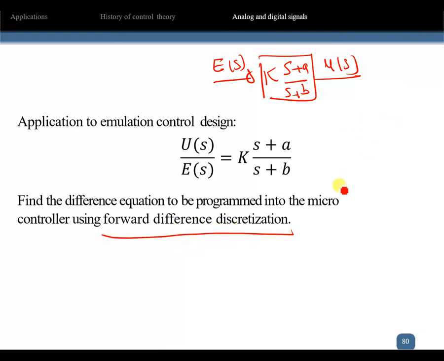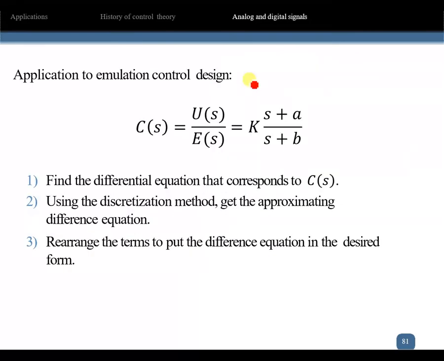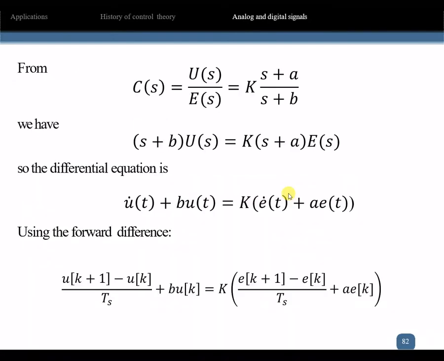Here I can tell you, you learned three methods to discretize from the s domain to the z domain. Find the difference equation of C(s) using the discretization method, and rearrange the terms to put the difference equation in the desired form. Okay, how can I solve this problem?